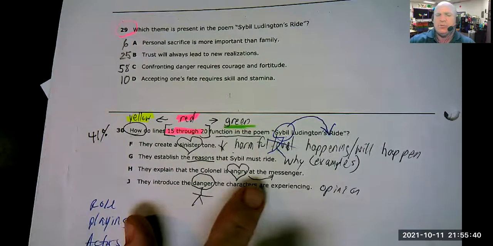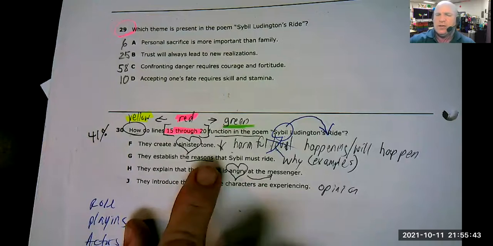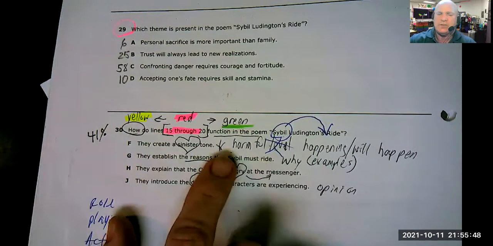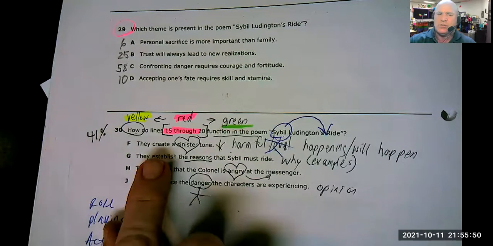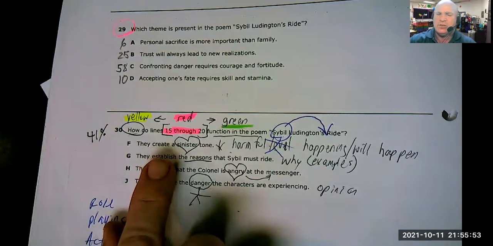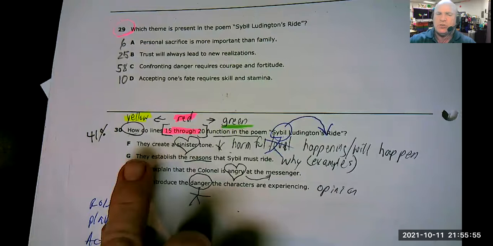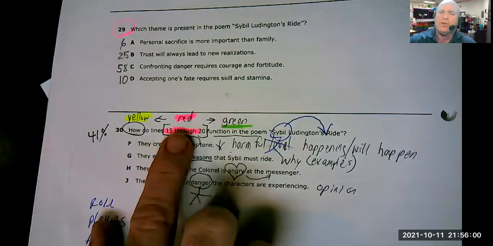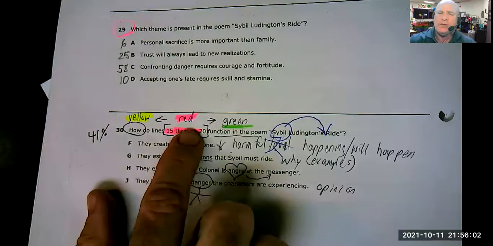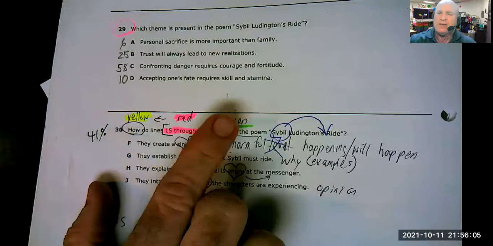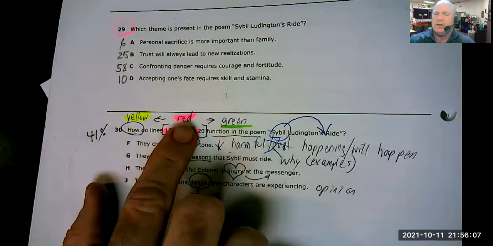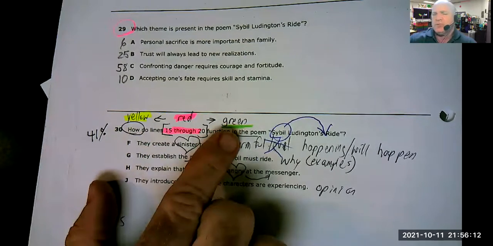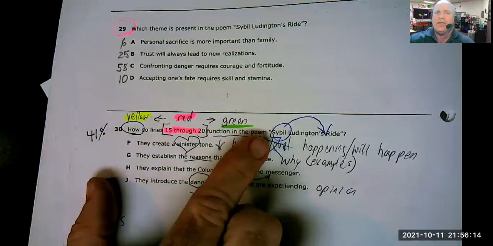And so if you do the rewind and the fast forward, the answer that fits best in this question is letter G. So we read the question, we read the lines in the passage, but whenever we read back a little bit and read forward, even if you would have read just a little bit more, you would have seen enough to notice it was Sybil's responsibility because she had the capability to ride a horse.